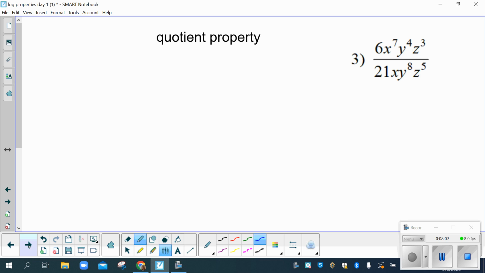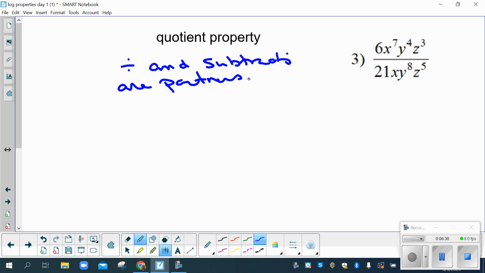So the next thing I want to talk about is the quotient property. Well, if adding and multiplying went together, what goes with dividing? Subtracting does, yeah? So dividing and subtracting are partners, just like up here, where we added them. So here's what it's going to look like.